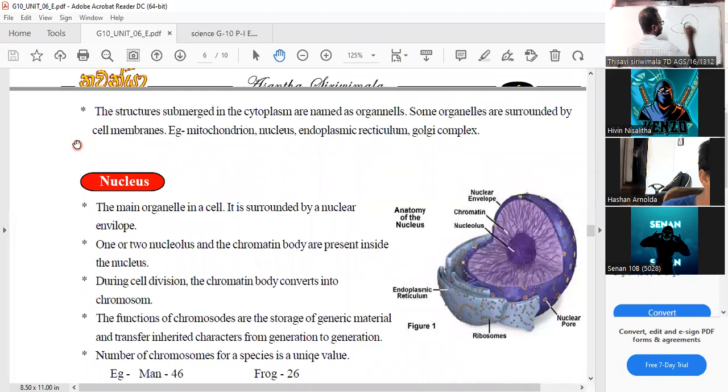This is the nucleolus. I'm not a good artist, therefore the diagram will not be as good as it appears in the book. So this is the diagram.